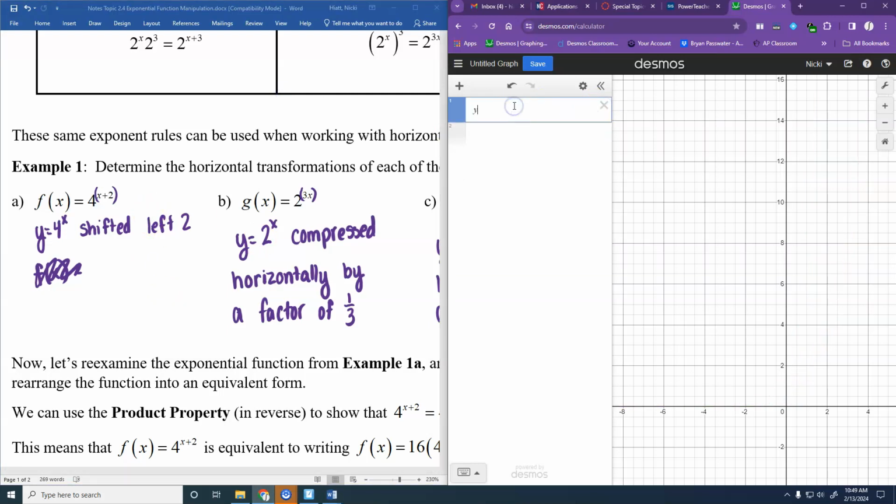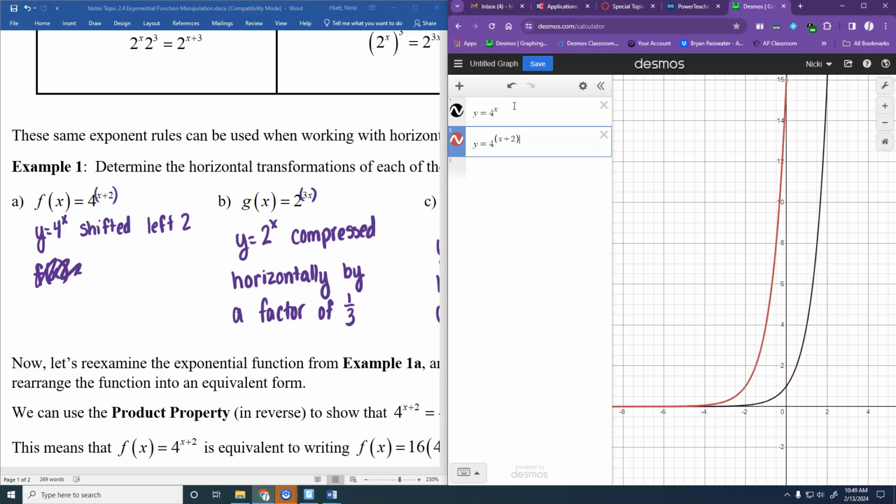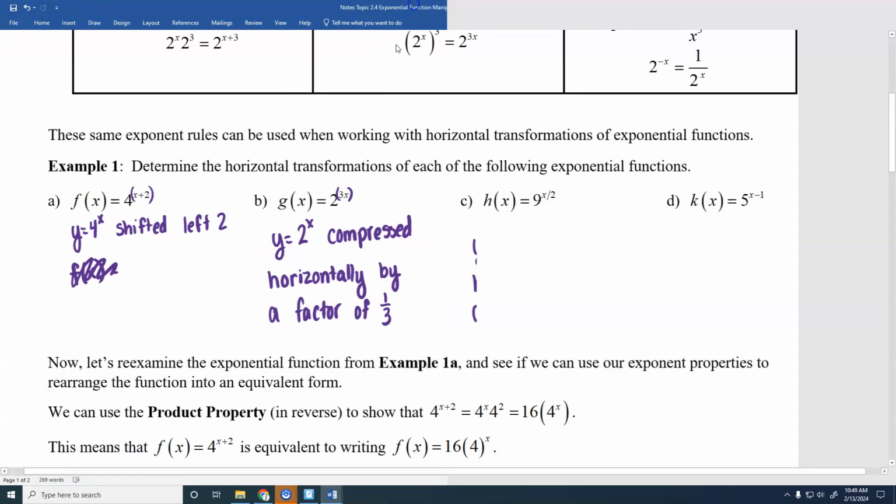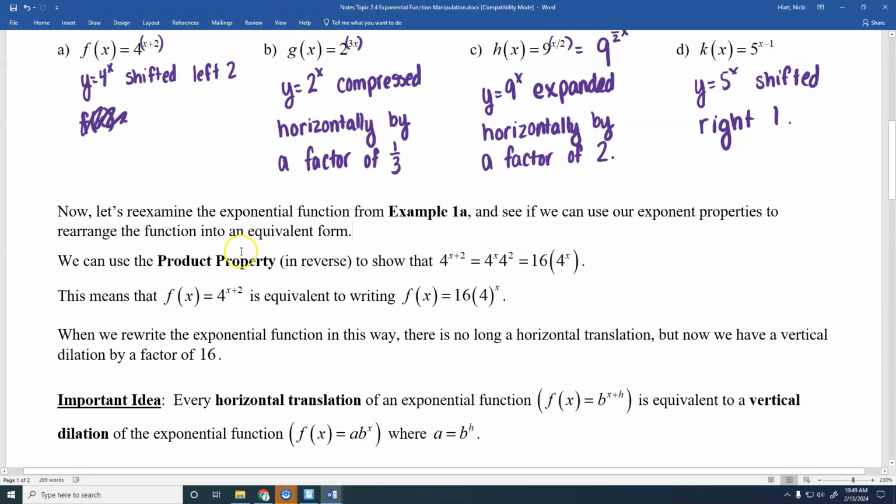Let me put that y equals 4 to the x and y equals 4 to the x plus 2. I'm going to put that up here. Now, this is the main thing that we're learning from this section. Let's think about this product property in reverse. I'm going to write this out.